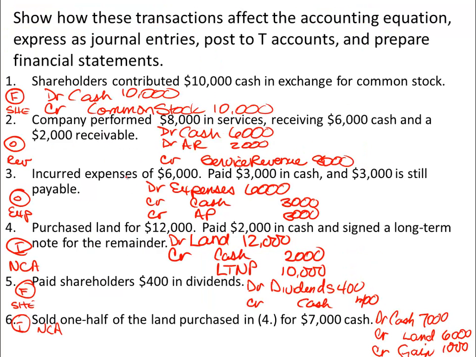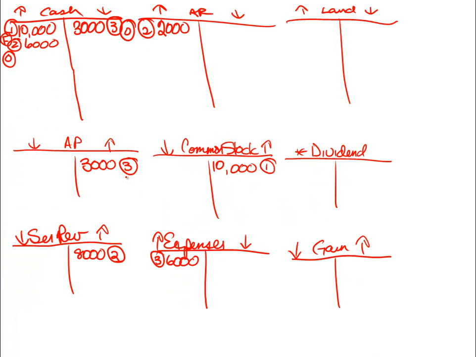In number 4, we purchased land, so land is going to go up $12,000. We paid cash of $2,000. So that's an investing activity.